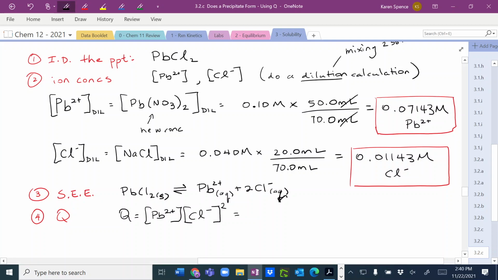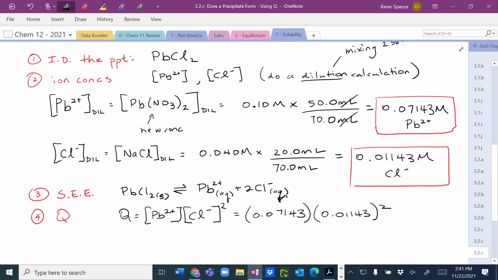So our concentration of lead, we just go back to our red box where we wrote it, and that is 0.07143. And the concentration of chloride is 0.01143 squared. Do not multiply your chloride concentration by 2. Do we know why we're not multiplying it by 2?